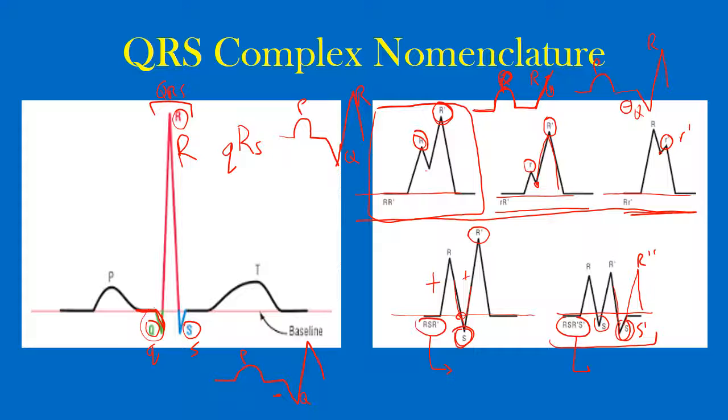However, if we have our P wave and then it deflects positively first and then back down, this is an R wave, but this down here, as it crosses our baseline, is considered an S wave and not a Q wave. So the S wave is defined as the first negative deflection after an R wave, whereas the Q wave is defined as the first negative deflection after a P wave. Okay, hopefully that makes sense. Let's move on.